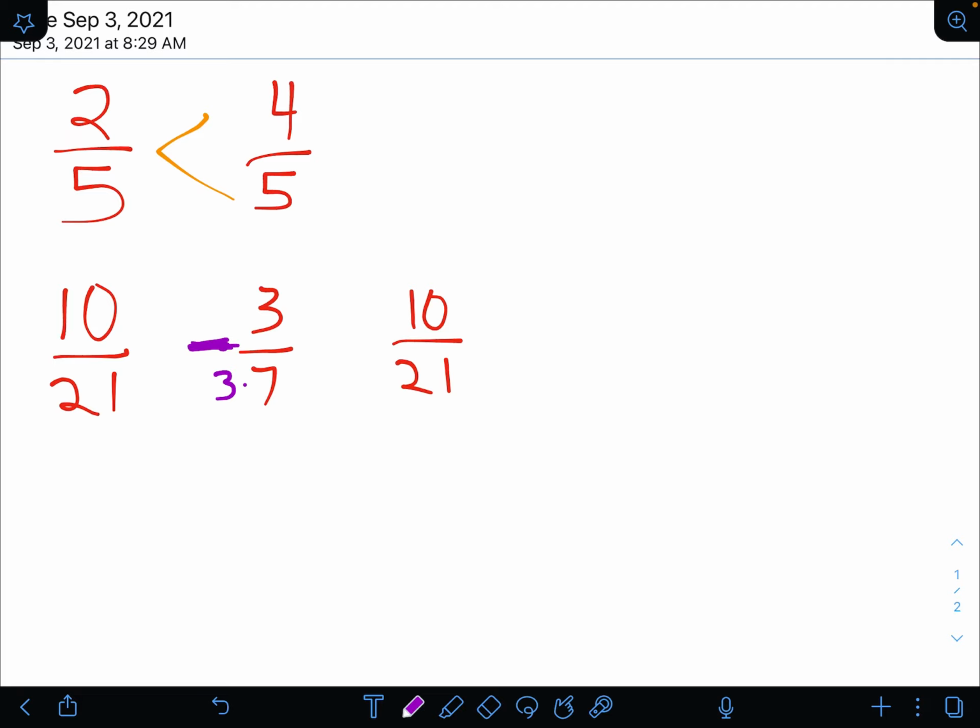Well, if you did that, you'd get 21. But with fractions, you got to scale them both, okay? So if you do the bottom by 3, you got to do the top by 3. That's just the rule. So 3 times 3 is 9. Oh, now they have the same denominator. We can compare them. So because of that, 10/21 is bigger.